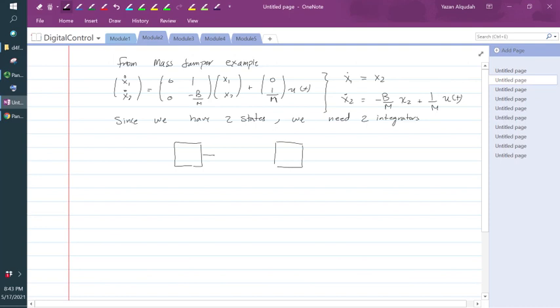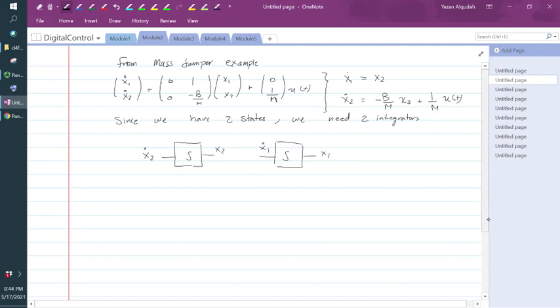The first integrator is going to have at the output x2 and the input x2 dot, and the second integrator is going to have at the output x1 and the input x1 dot. Now using the state equations above, x1 dot is equal to x2, and x2 dot is equal to negative b over m multiplied by x2 plus 1 over m multiplied by u of t.